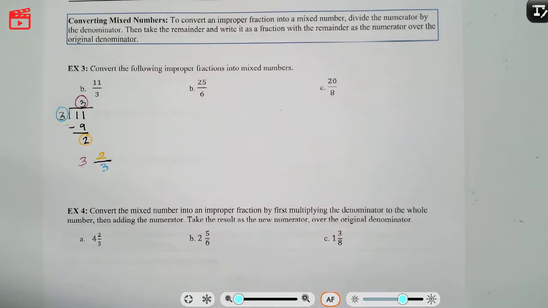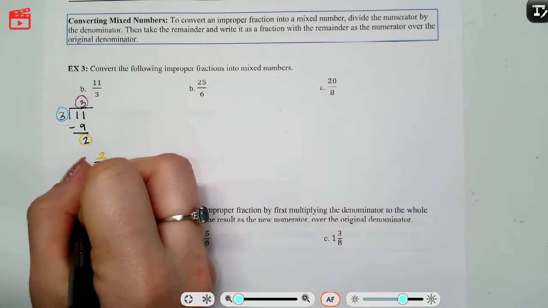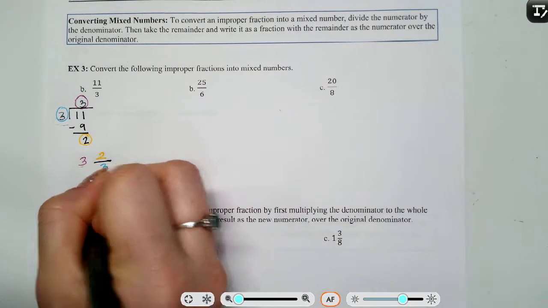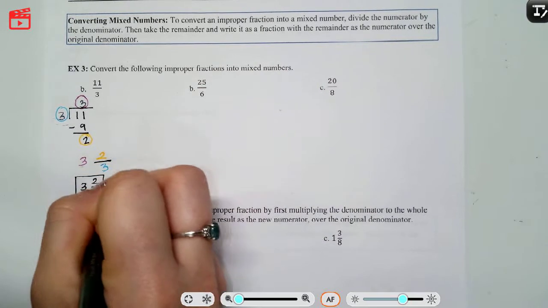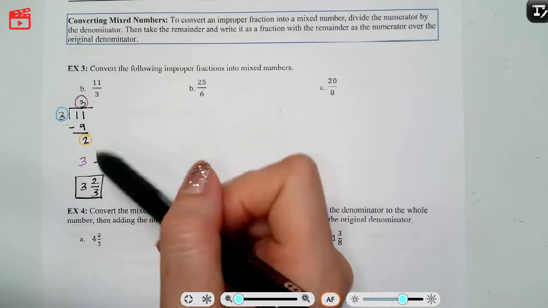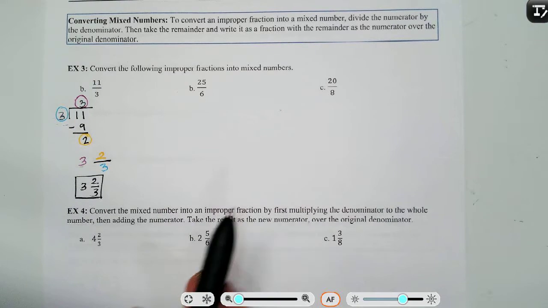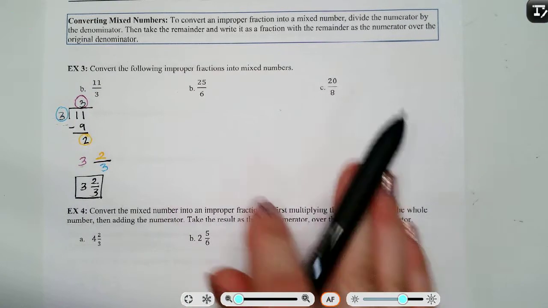All right, so let me rewrite this so it's not a bunch of colorfulness. 3 and 2/3. Okay, so this was an improper fraction, and now we wrote it as a mixed number, which is the proper way of writing it.